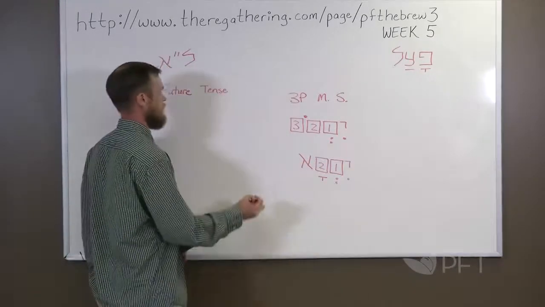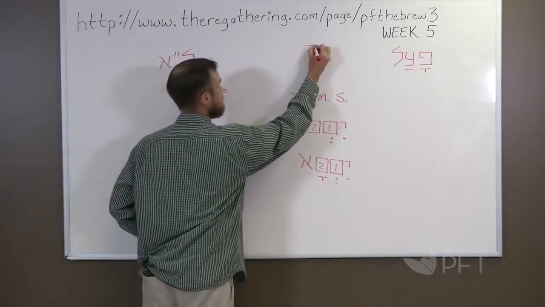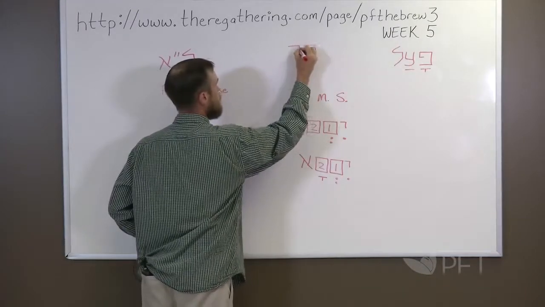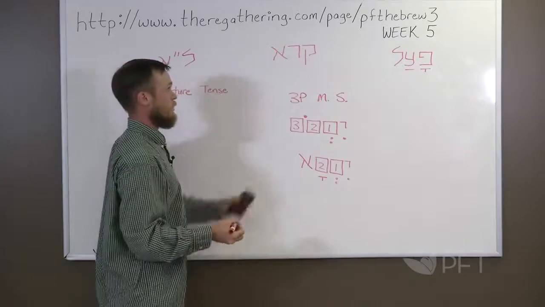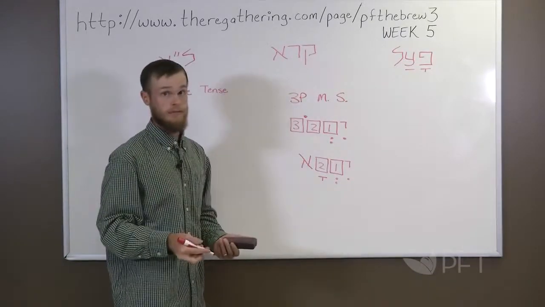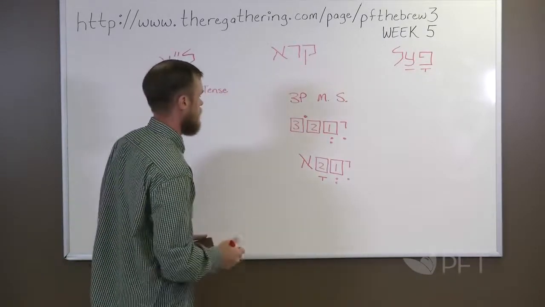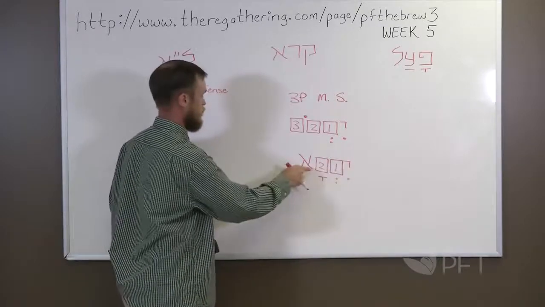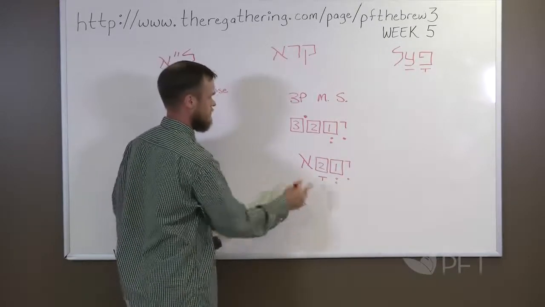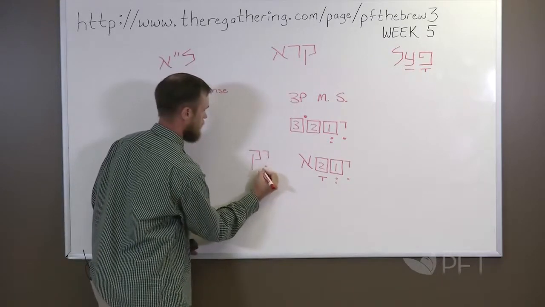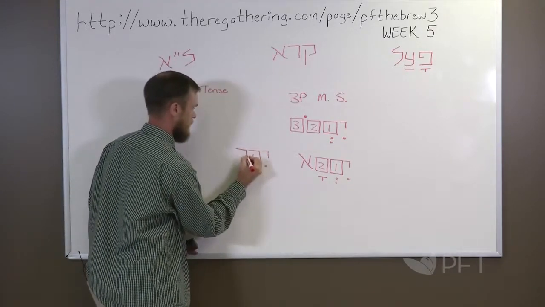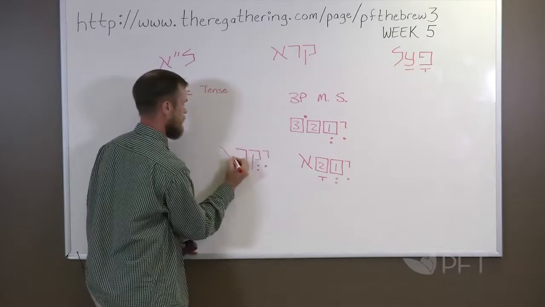So given a root kuf resh aleph, which means to call or to read, we would say yikra. Kuf is our first radical, resh is our second, and aleph is our third.